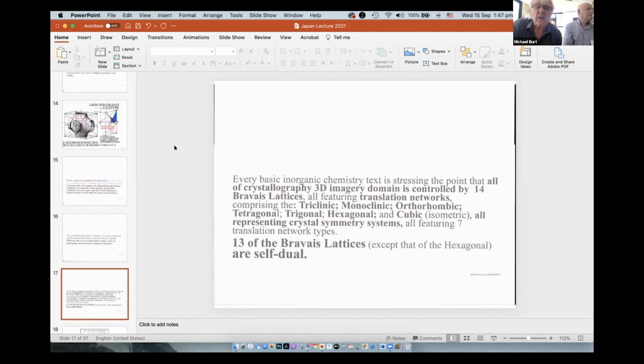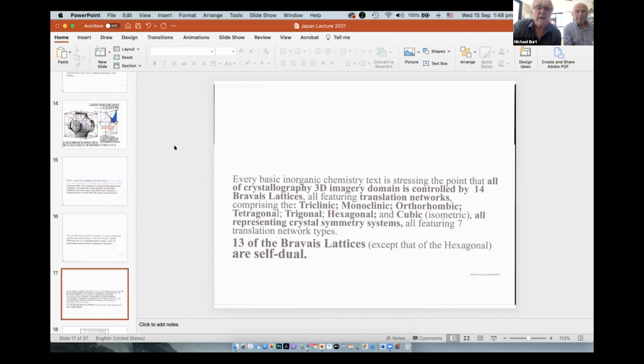Every basic inorganic chemistry text stresses the point that the crystallography 3D domain is controlled by 14 Bravais lattices.